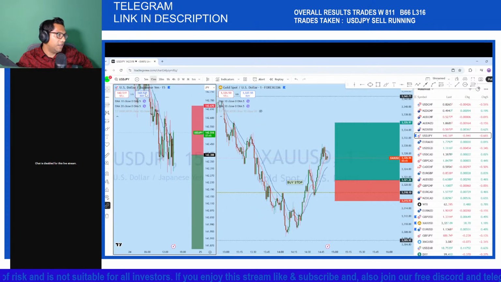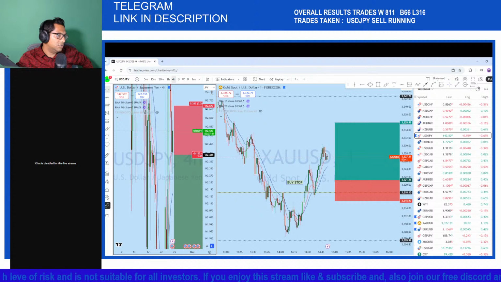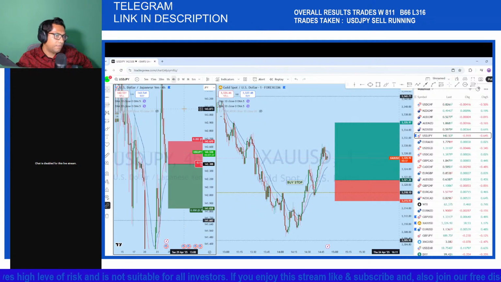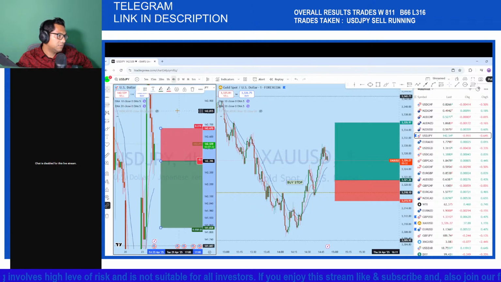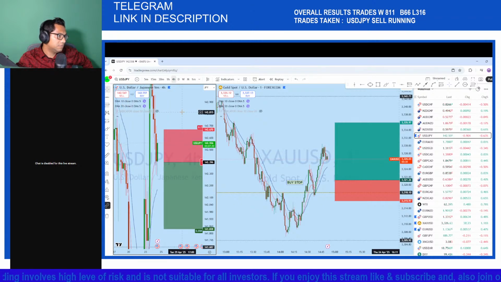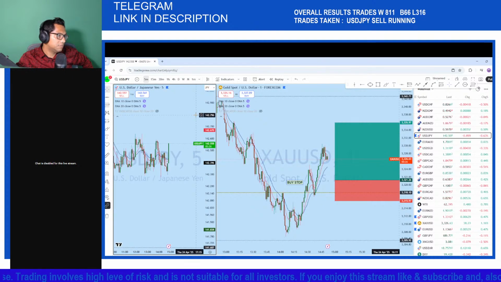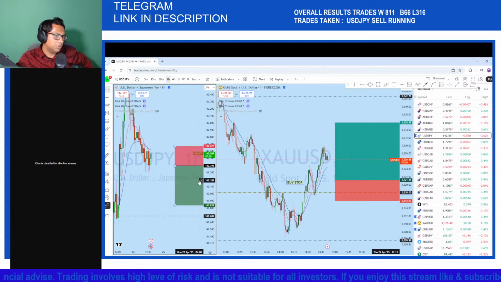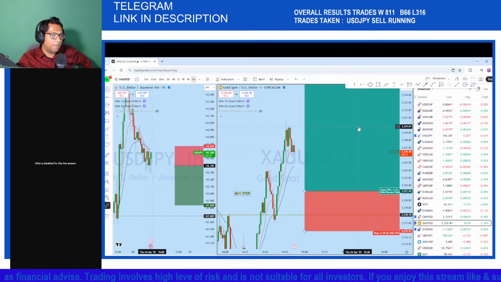While dollar yen again rejected to the upside, which is very unusual price action. Really, you have to see the dollar yen.